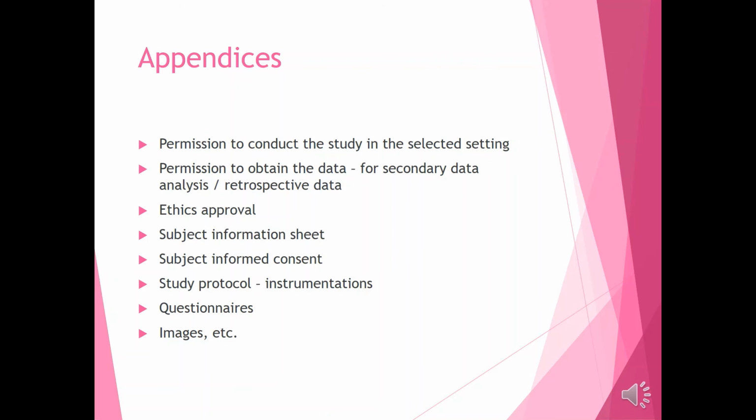You need to include the informed consent in your appendix, the information sheet, and the study protocol. Sometimes you have the procedures or steps for certain measurements. You can include them in the appendices.